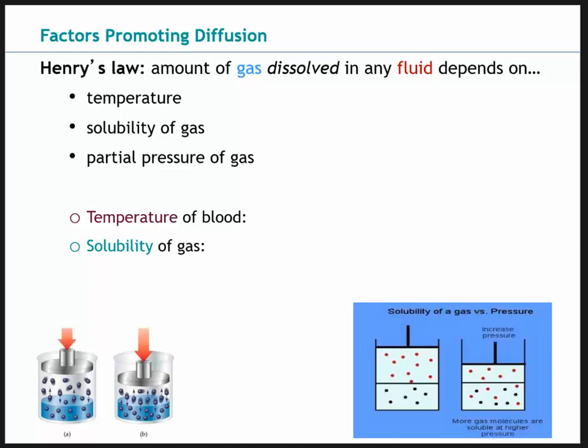So if both of those stay relatively stable and constant, then the amount of gas dissolved in blood is going to be directly related to the partial pressure, because temperature and solubility don't change very much. Partial pressure does. So higher partial pressures are going to allow for a greater amount of gas to dissolve. Again, with the higher pressure or the greater difference in pressure, that equals greater gas diffusion and the ability of gas to dissolve in a fluid.